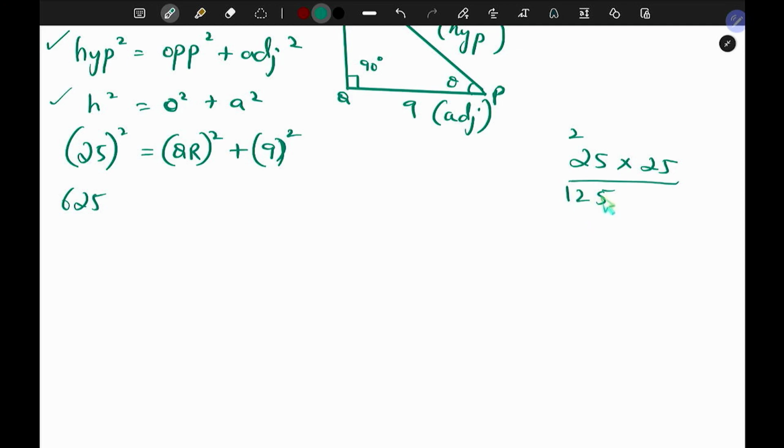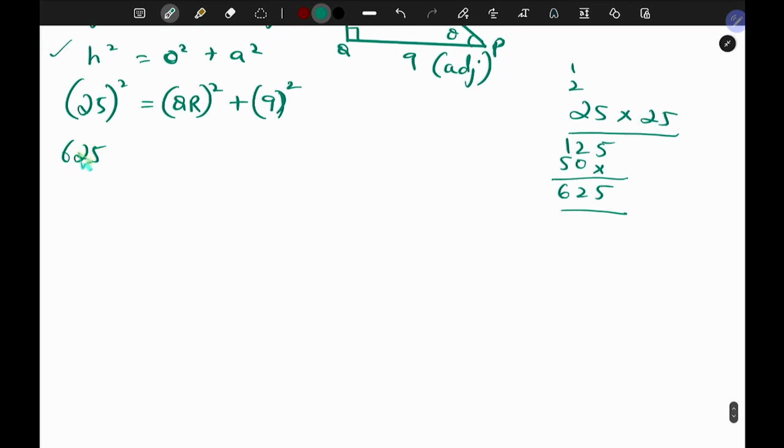Now you write a cross below and continue. 2 fives is 10, 0 is written and 1 is carried. 2 twos is 4, 4 plus 1 is 5. Adding, 5, then 0 plus 5 is 5, 2 plus 0 is 2, 1 plus 5 is 6. You got 625. Then equals QR square as is, plus 9 into 9, which is 81.